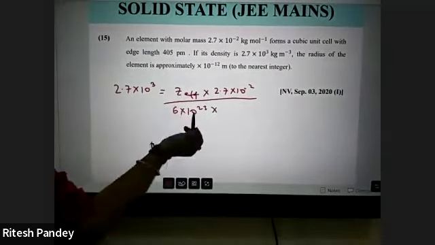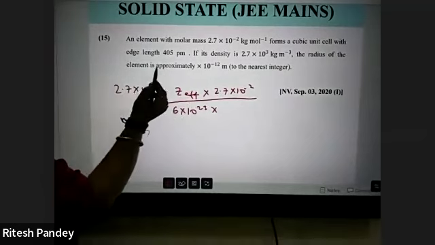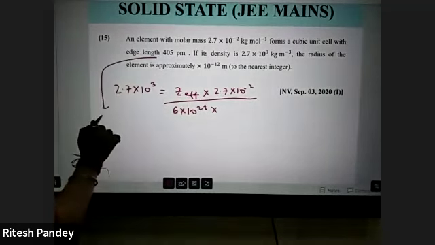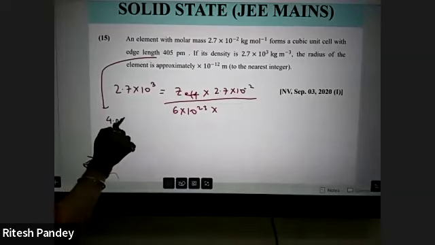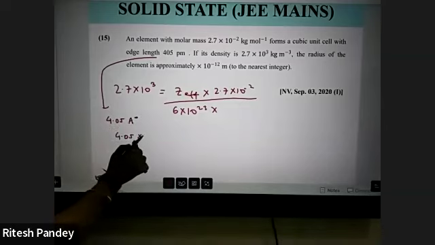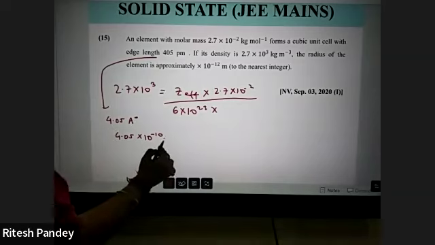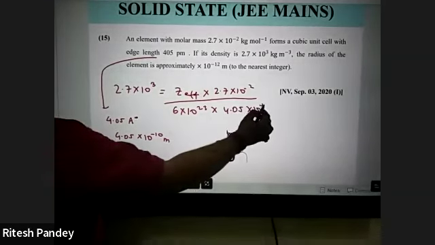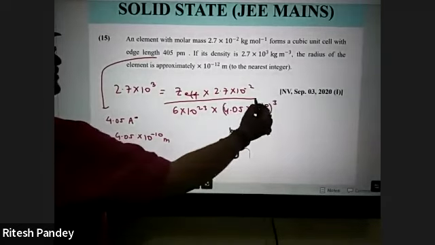Now, this is a challenge in the sense everything is in MKS unit, SI unit here. So 405 picometer, even if I take as 4.05 angstrom, would be like 4.05 into 10 to the power minus 10 meter. So this time, it's not going to be 10 to the power minus 8. It's going to be 10 to the power minus 10 and whole cube of this.